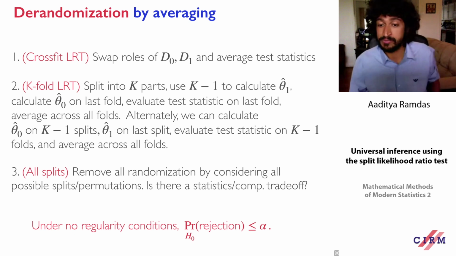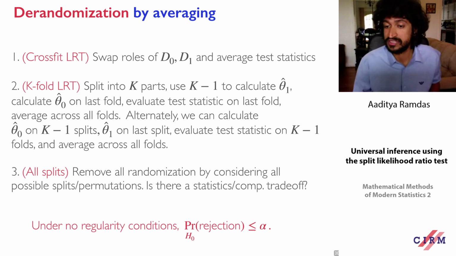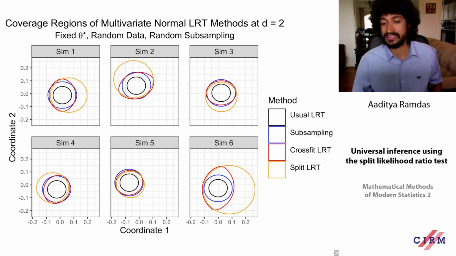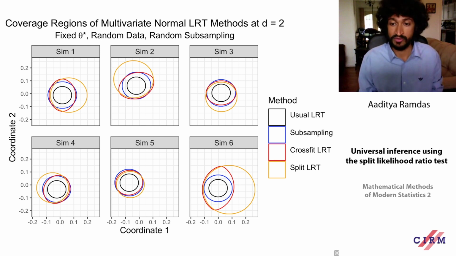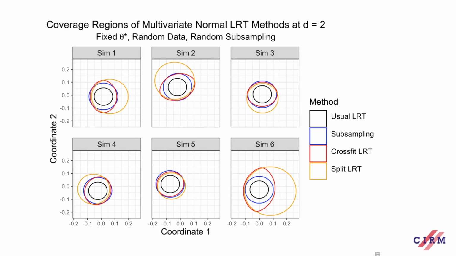In our preliminary experiments, it seems there is a computation statistics trade-off. So Robin produced some beautiful plots for us. This is in the case of a Gaussian, which is of course a regular setting, but it helps to see what our test does compared to the usual likelihood ratio test.